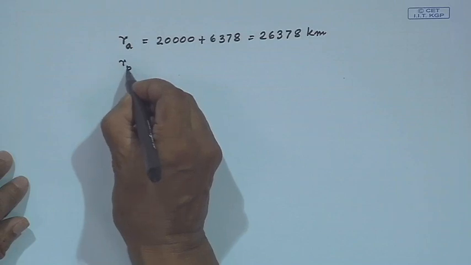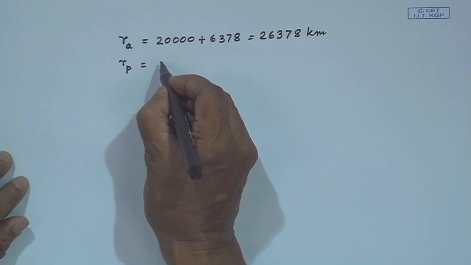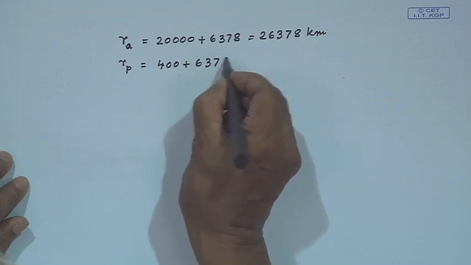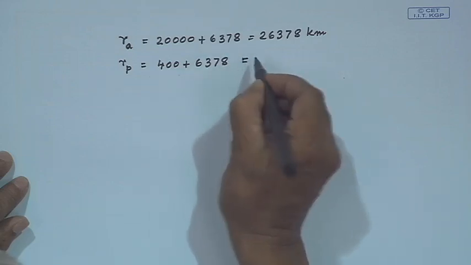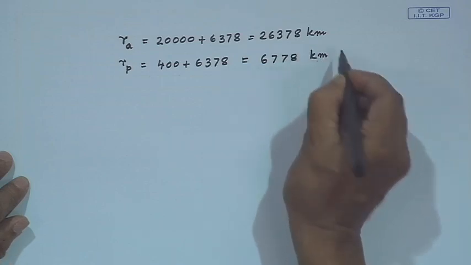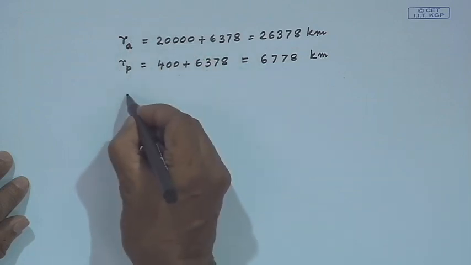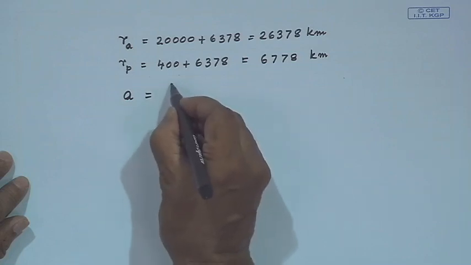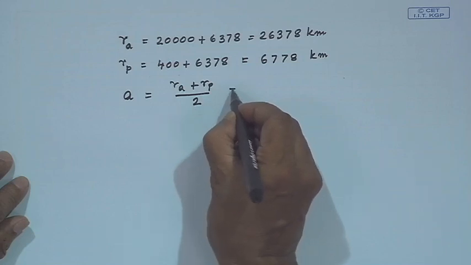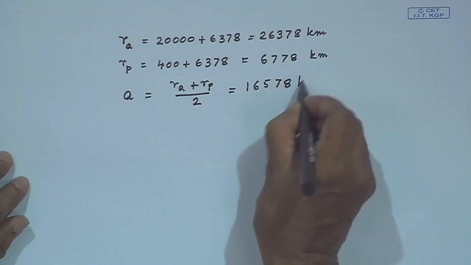Similarly, the perigee distance is the perigee height 400 kilometer plus 6378, that will become 6778 kilometer. If you know apogee distance and perigee distance, we can find out the semi major axis A as R A plus R P by 2, which will come out to be 16578 kilometer.